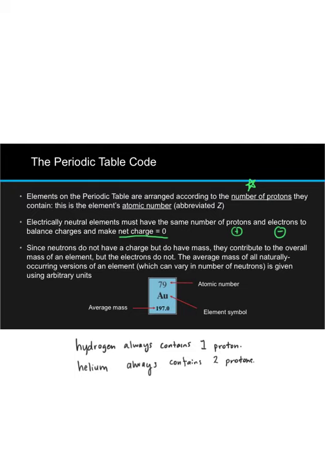Instead, this mass that's reported on the periodic table is an average mass. It comes from all variations that naturally occur on Earth of a particular element. So the next thing that we've got to do is understand what those variations are and how they give rise to an average mass rather than just a simple, straightforward mass.